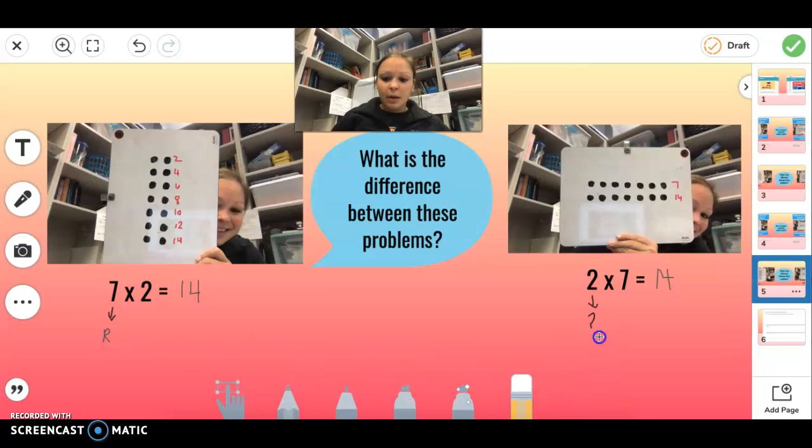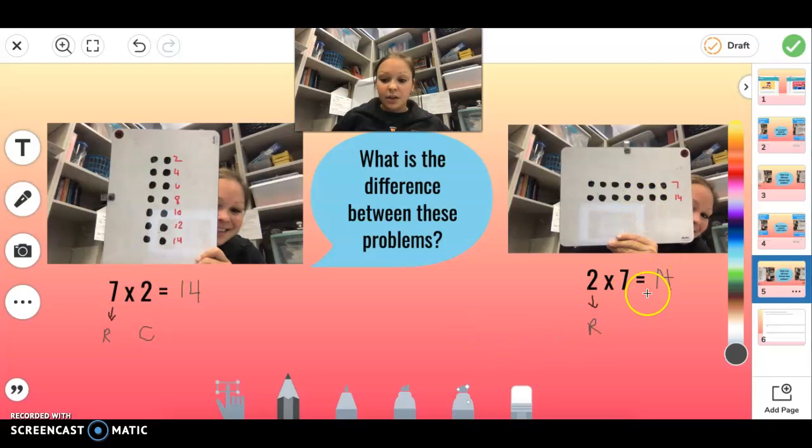And what does the 2 represent on this side? 1, 2. You're right, it's the number of rows. So if the 7 represents the number of rows over here, then the 2 must represent the number of columns. 1 column, 2 columns.